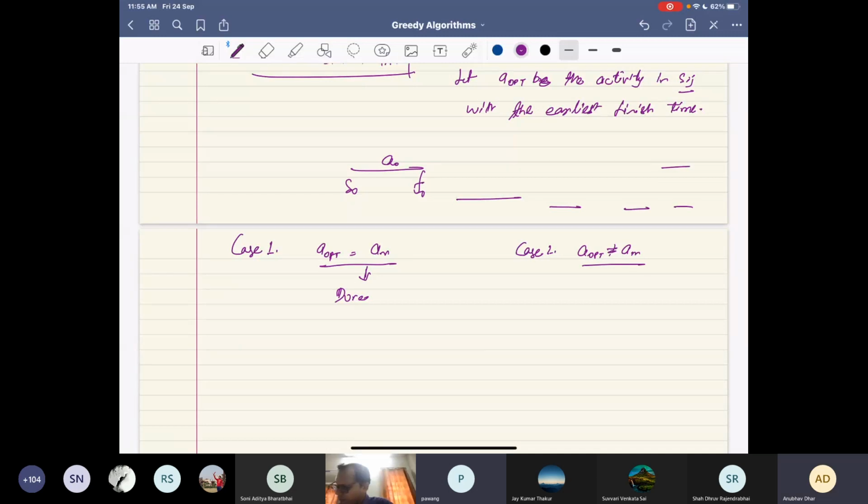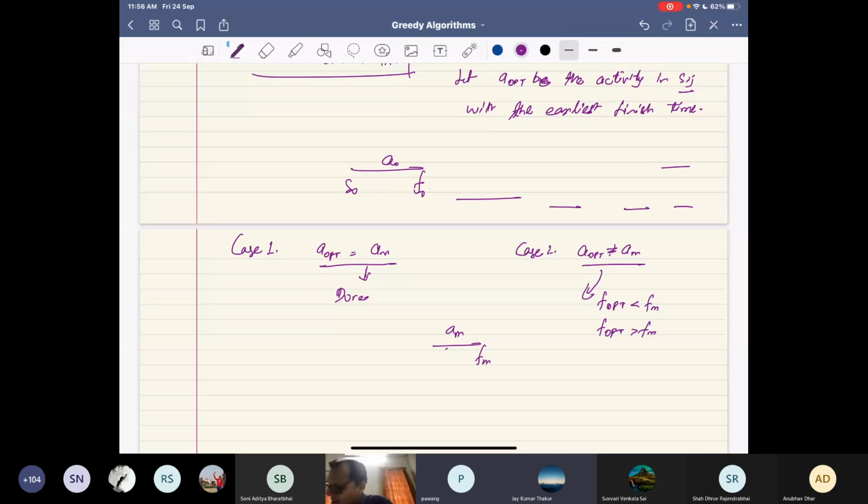We can replace AOPT by AM. So now suppose AOPT is not the same as AM. Let's further think what can happen. This was my AM that had the earliest finish time among all the set of tasks in Sij. If AOPT is not the same as AM, what can happen? Let's think in terms of finish time. Can it happen that FOPT is less than FM, or FOPT is larger than FM?